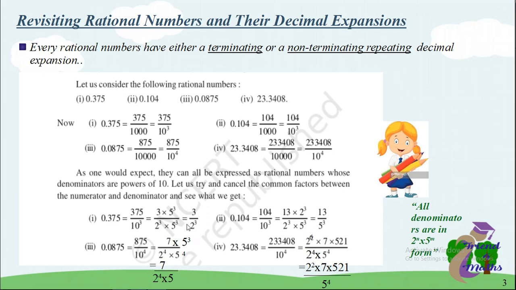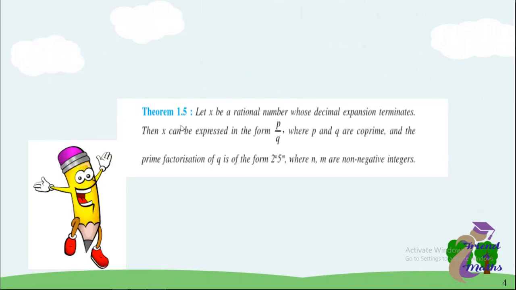Here all are either of 2 raised to n form, or 5 raised to m form, or some 2 raised to n into 5 raised to m form. So in general we can say that all the denominators are in 2 raised to n into 5 raised to m form.